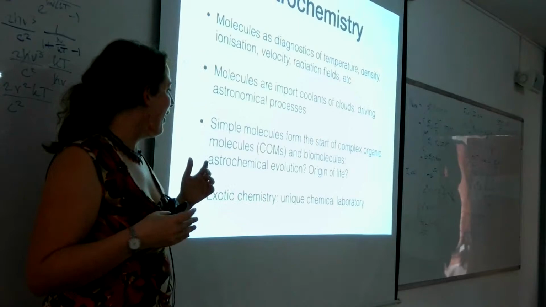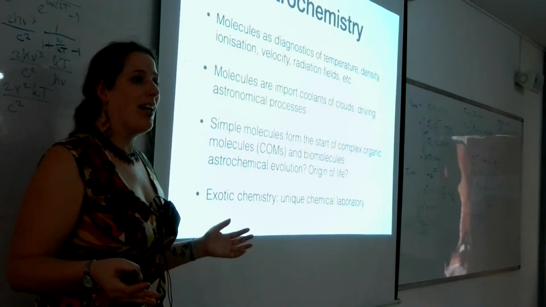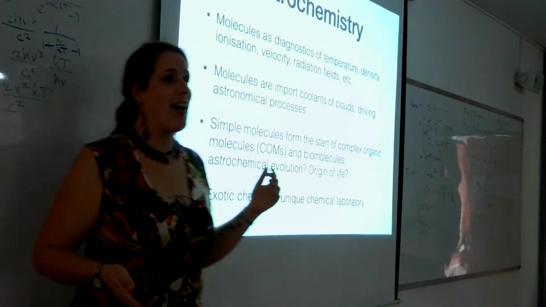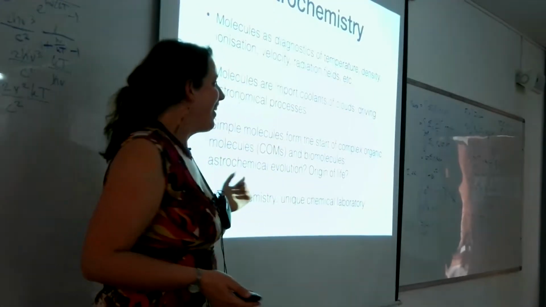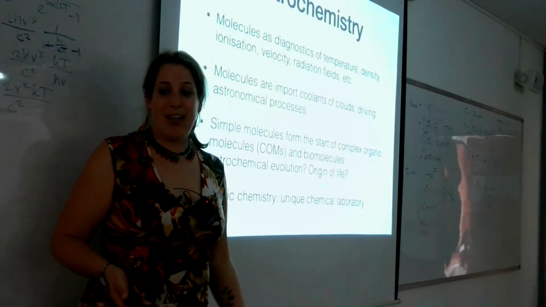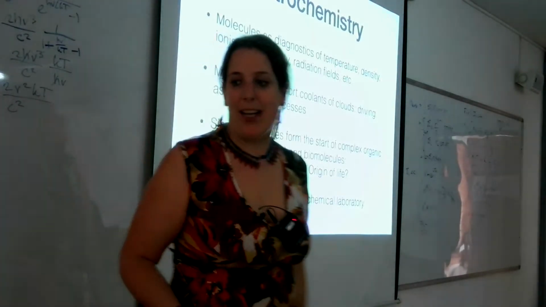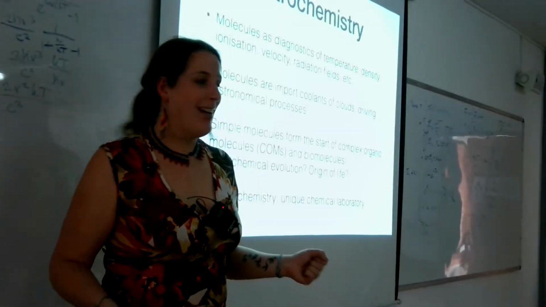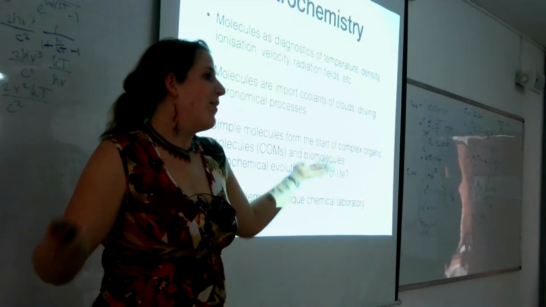So you have a unique chemical laboratory with very special conditions. And sometimes we find crazy molecules that are really hard to form in Earth conditions, so we can only figure out what they are by doing it in the lab. This is again more from the scientist's perspective: I study astrochemistry because we can.